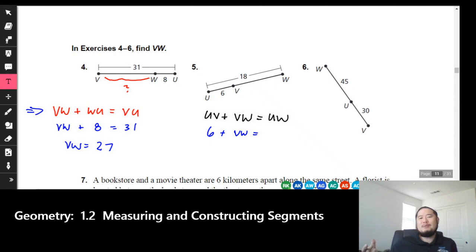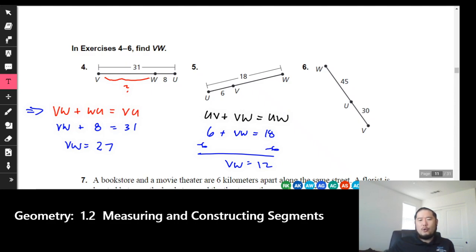If you want, you could substitute that as X. But since we know what segment it is, it's probably helpful to label it as what you see there. And then we'll plug in 18 for UW. We'll subtract 6 from both sides. And VW right here is equal to 12.